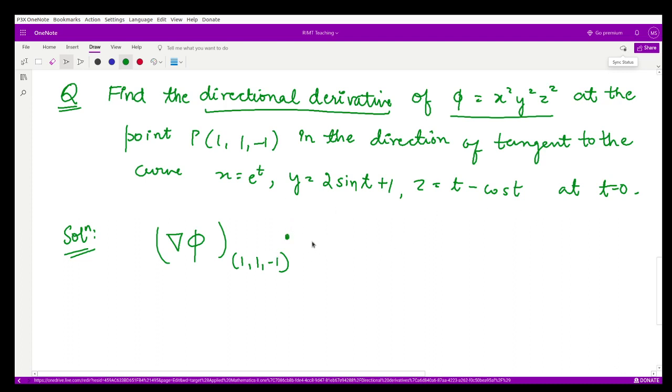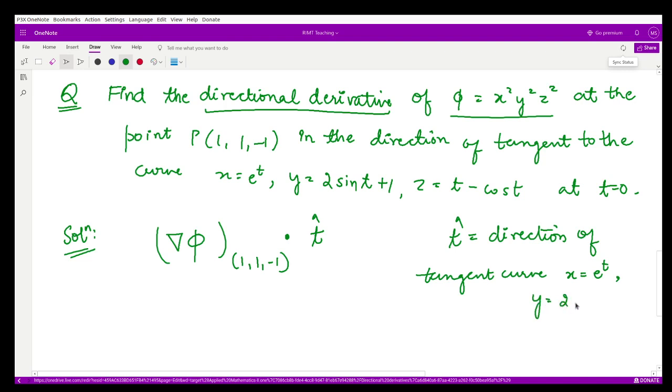Let me call that t cap, where t cap is the direction of the tangent to the curve x is equal to e to the power t, y is equal to 2 sine t plus 1, and z is equal to t minus cos t at the point t is equal to 0. So we have to compute these two quantities.